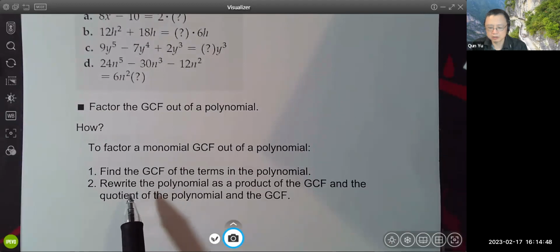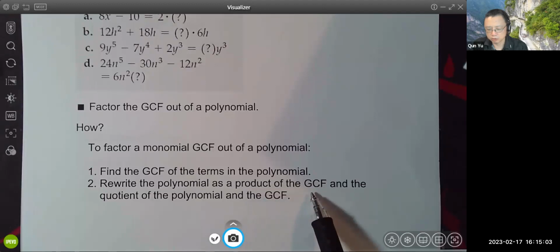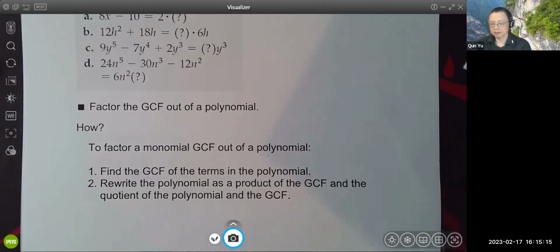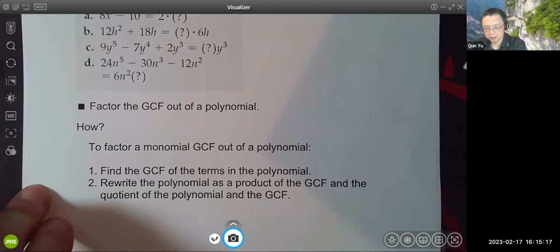First, you figure out the greatest common factor among all of the terms in the given polynomial. Then you rewrite the original polynomial as a product of your greatest common factor and a fraction, which is using polynomial divided by polynomial over your greatest common factor. Let's look at the structure on the next page.